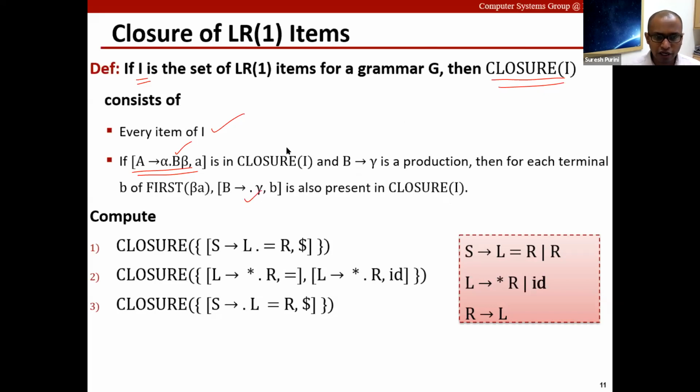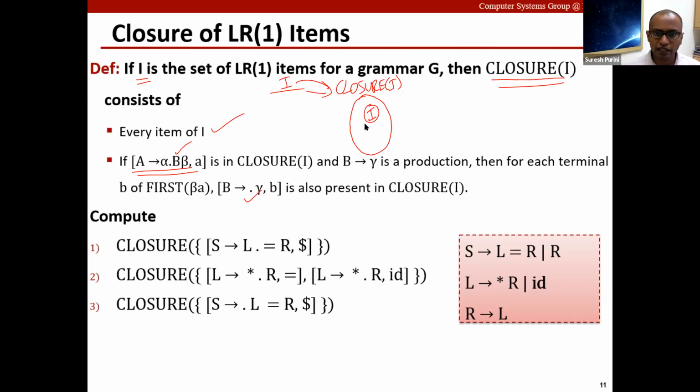Put in other words, let me make it clear. Let's say we have an LR1 item set, this is your I, and from this I we want to construct the closure of I. To start with, closure of I consists of everything that is present in I. Then we start with this base set and we keep expanding this closure set.